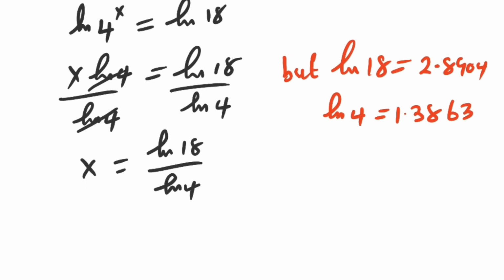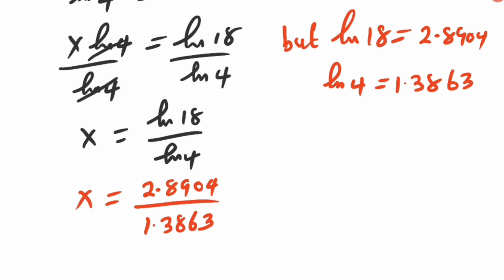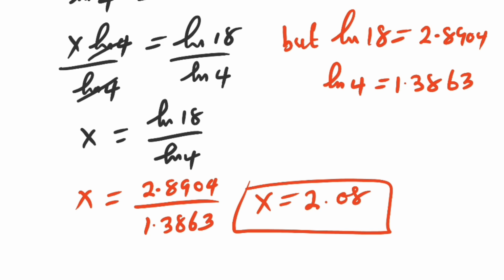Now we have x is equal to 2.8904 over 1.3863. That is if you want to use your calculator. Then if you divide 2.8904 by 1.3863, then x will be equal to 2.08, and this is the value of x.